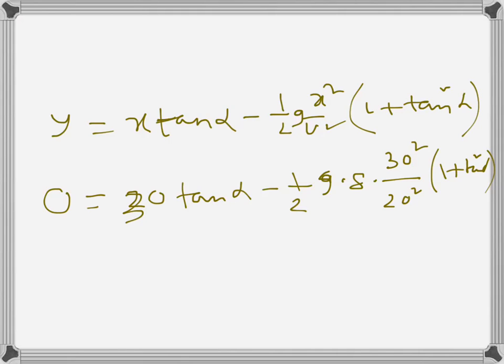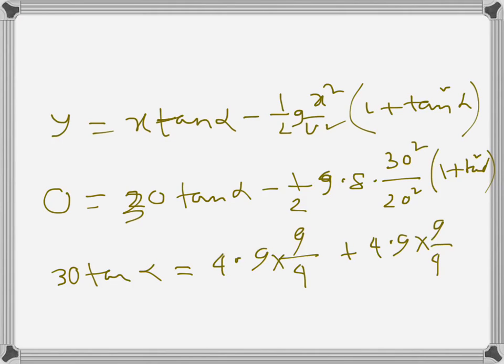So if we rewrite this equation, it becomes 30 tan alpha, and this is 4.9 times 9 over 4, plus 4.9 times 9 over 4 tan square alpha. So that is 11.025 tan square alpha minus 30 tan alpha.